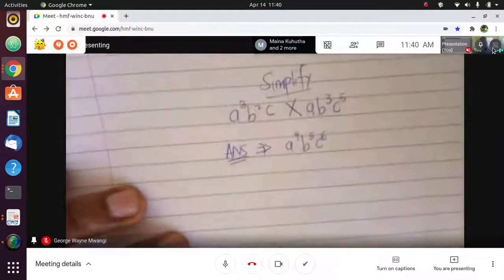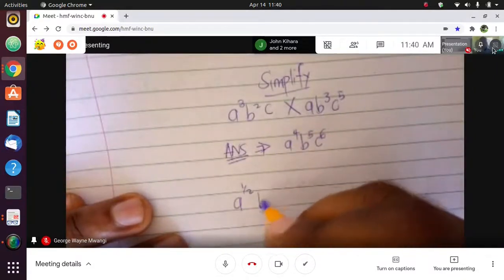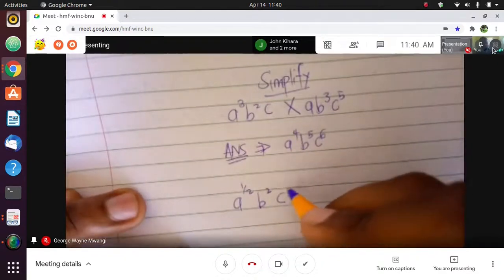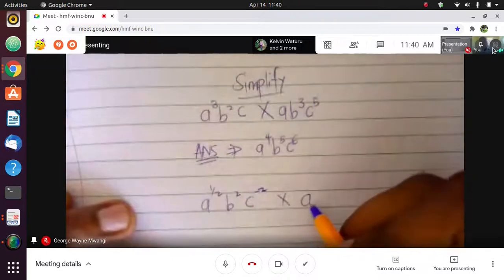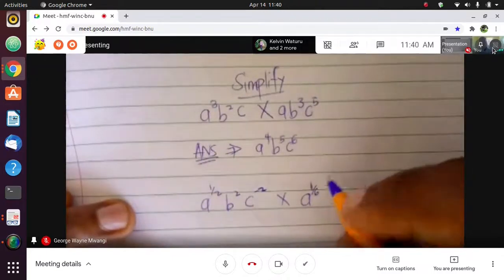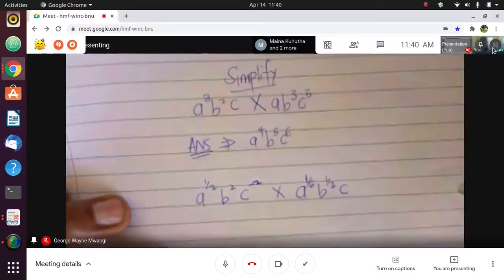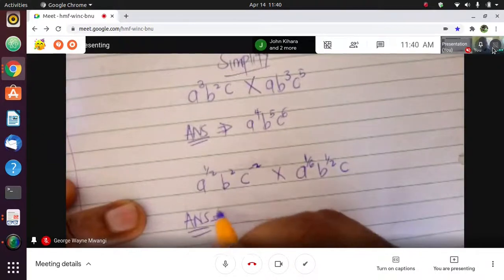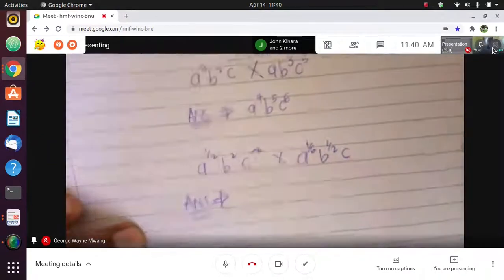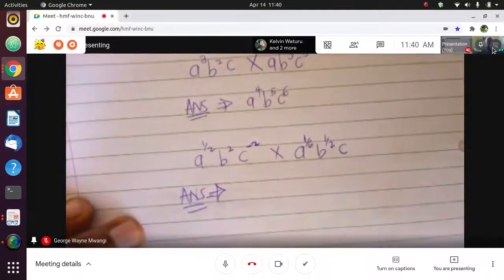Yeah. Tufanya hii pia. a raised to power half, b raised to power 2, c raised to negative 2, multiplied by a raised to a sixth, b raised to a half, and c. Answer itakuwa ngapi? What will be our answer?